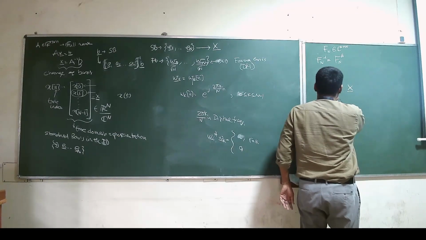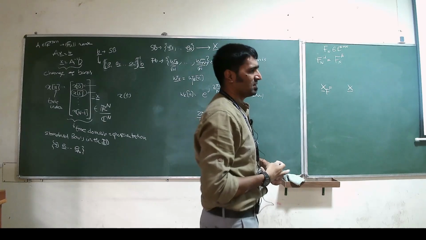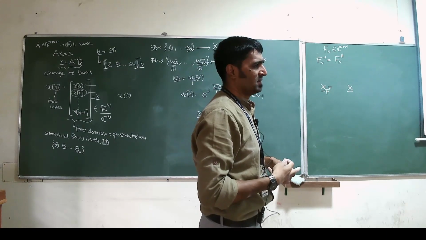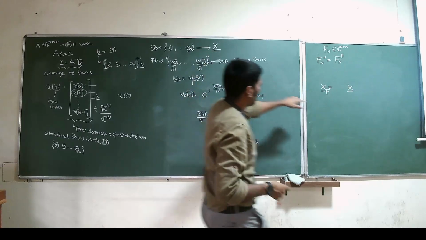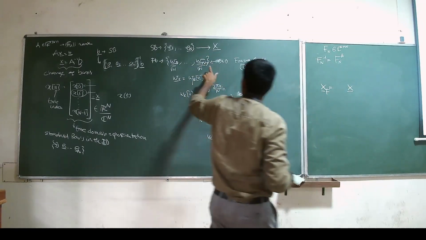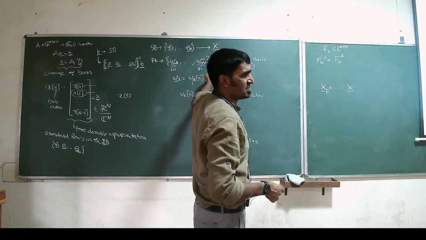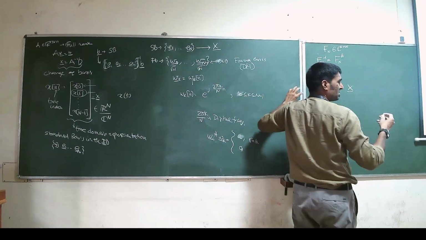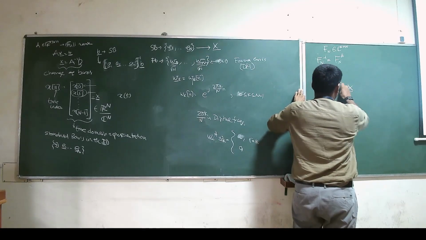How do I get the Fourier representation of the same signal? This is the time domain representation. We want to change it to this basis. Take Fn.